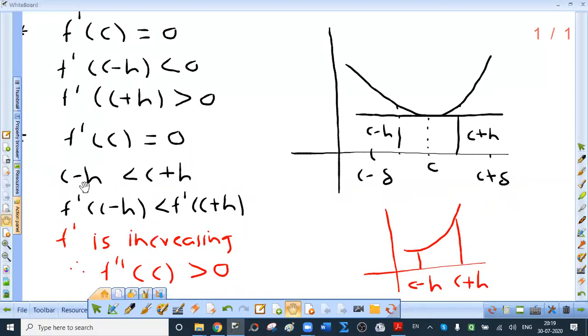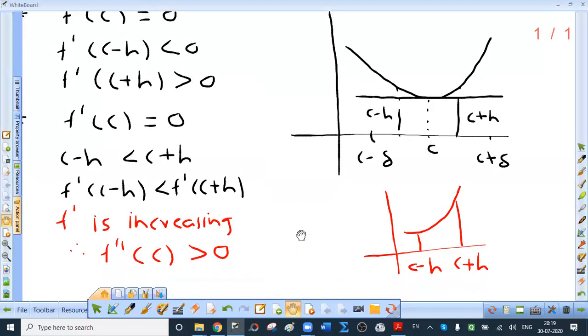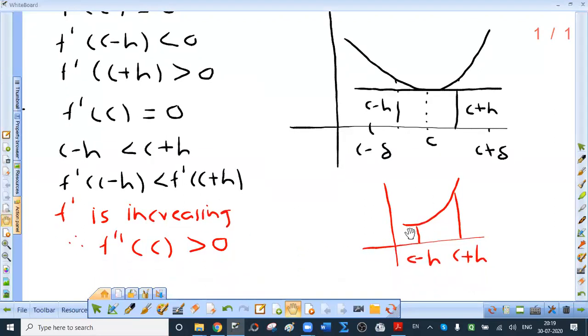So I can say c minus h less than c plus h, but f dash of c minus h is less than f dash of c plus h. You will notice that this happens in case of an increasing function. See the diagram, c minus h less than c plus h, and the function is f dash.